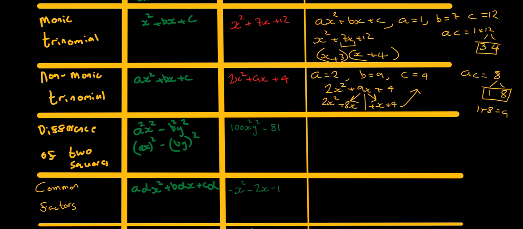And if we factorize both expressions, we get 2x(x plus 4) plus 1(x plus 4). I hope you can see that we have some common terms.